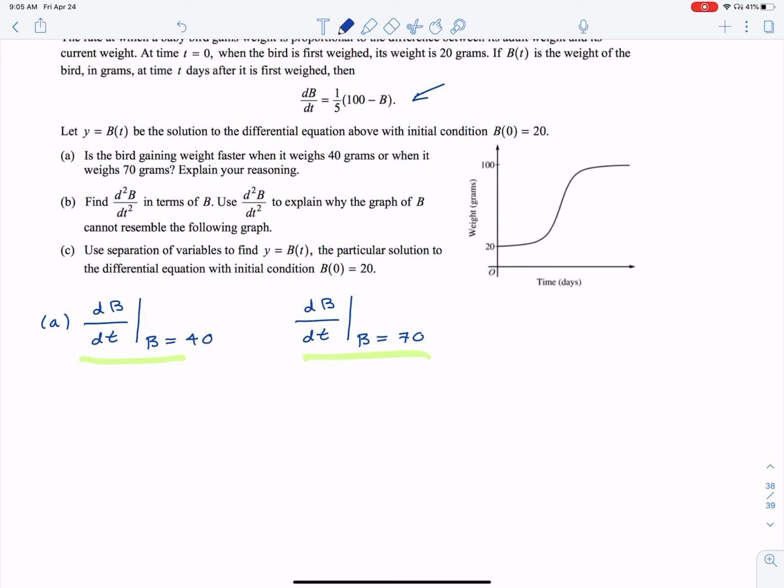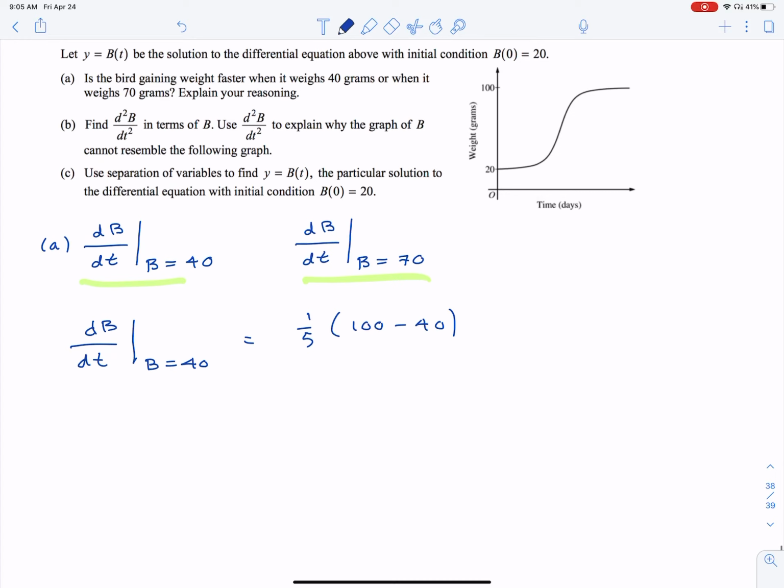So let's take dB dt and evaluate it when b equals 40. So evaluating when b equals 40, I get 1/5 times 100 minus 40. So 1/5 of 60 is 12.